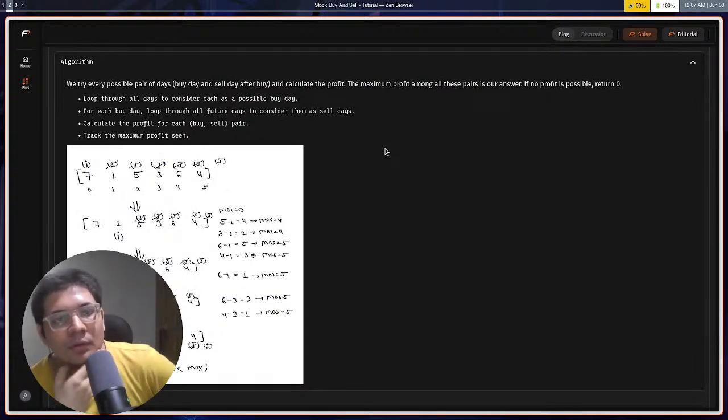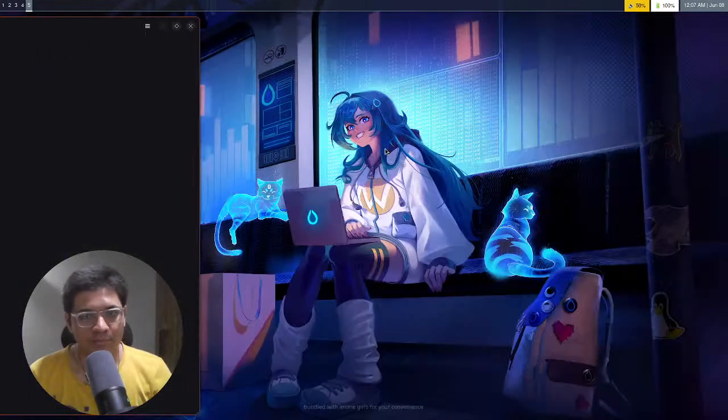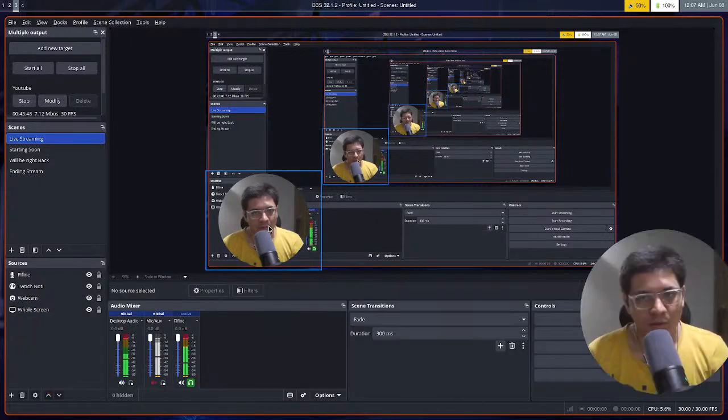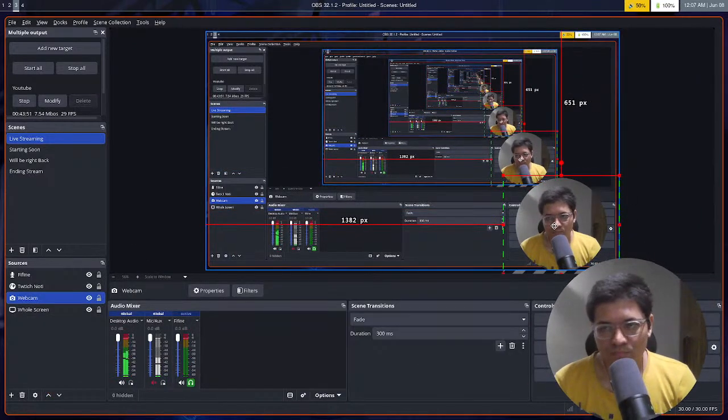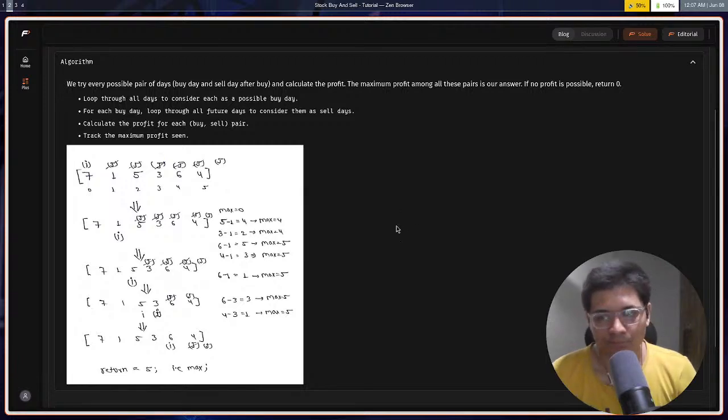We try every possible pair. Okay, so we are taking all the pair values. Wait, let me put my camera here. Yeah, now you can see.